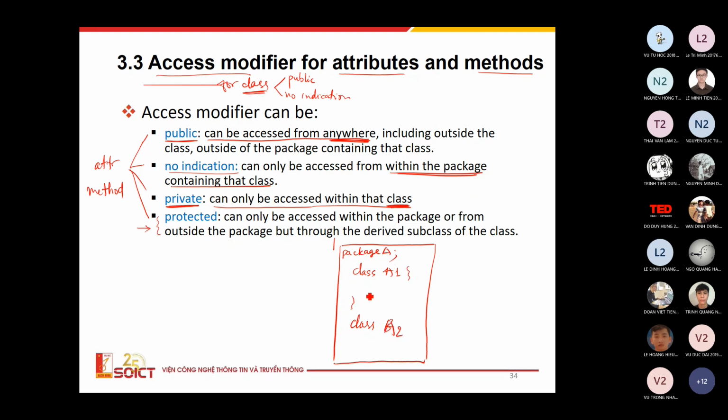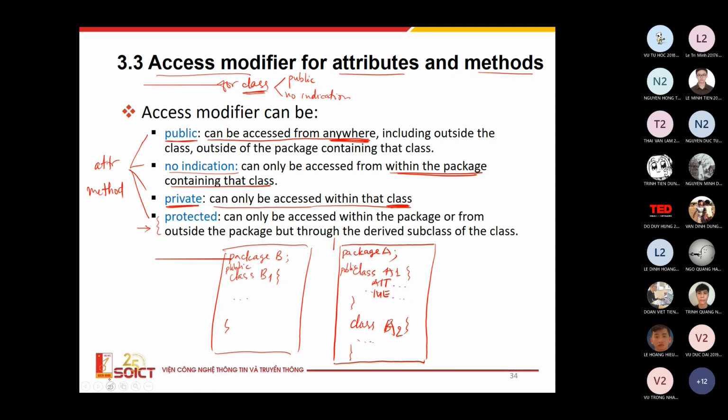You have something inside, and this one is public, for example. And you have another package, like package B, and you have the class B1. This is public, for example. And inside the class, you have an attribute and method with some name.